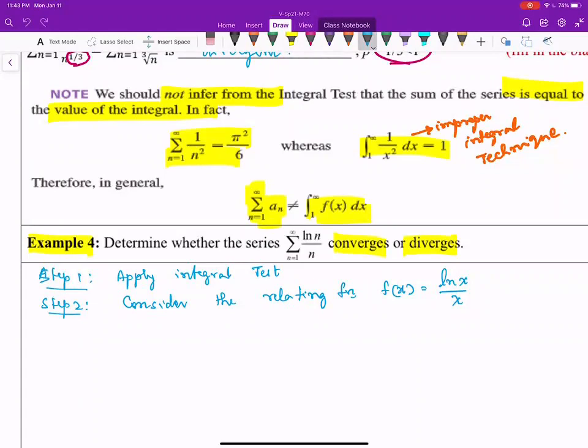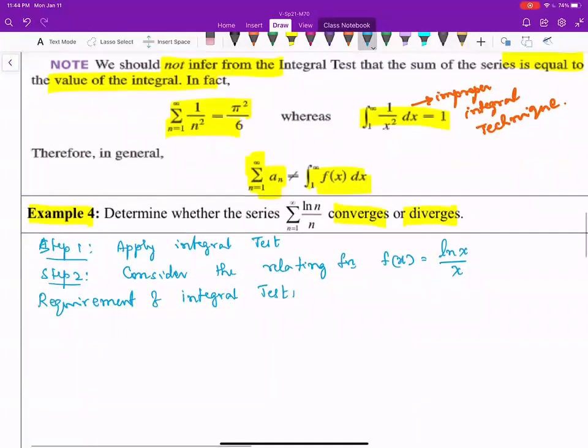So f of x equal to ln x over x. And then the requirement of the integral test must be met. f of x is positive, continuous, and also it should be decreasing. But first, definitely, we notice that f of x is positive and continuous.